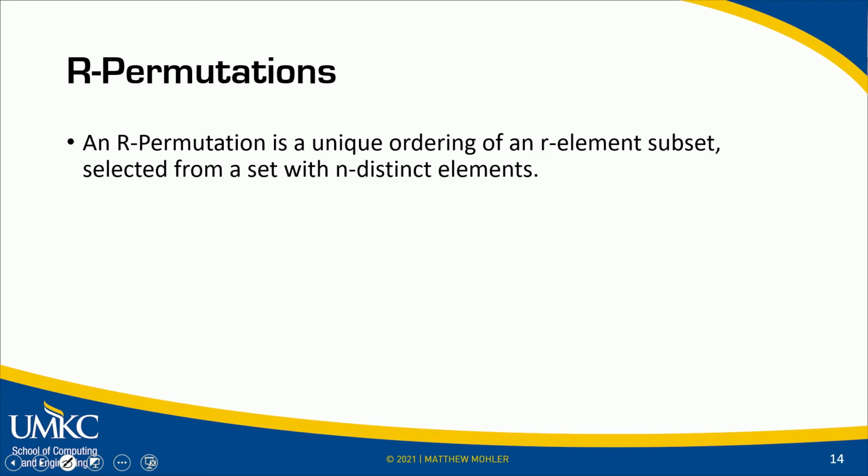So we're looking at how many unique orderings that are R elements long can be made from a set with n elements. And it should be pretty self-explanatory, but in this case, if we are selecting R elements, then n must be greater than or equal to R.